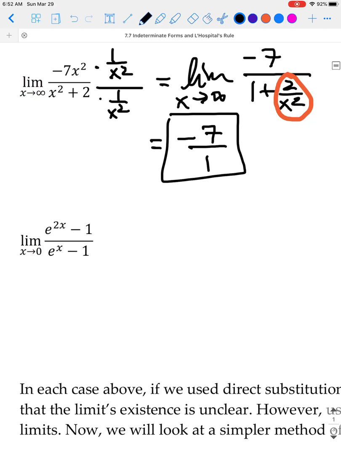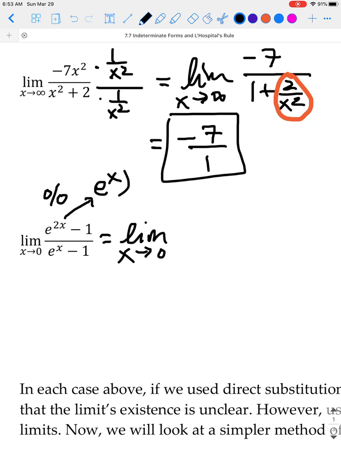Moving on, the third example is really the same example, only we're adding in an exponential function instead of a typical polynomial. If we do direct substitution, we'll still get 0 divided by 0, so it's still indeterminate and we'd have to use another method. We're going to use factoring again.